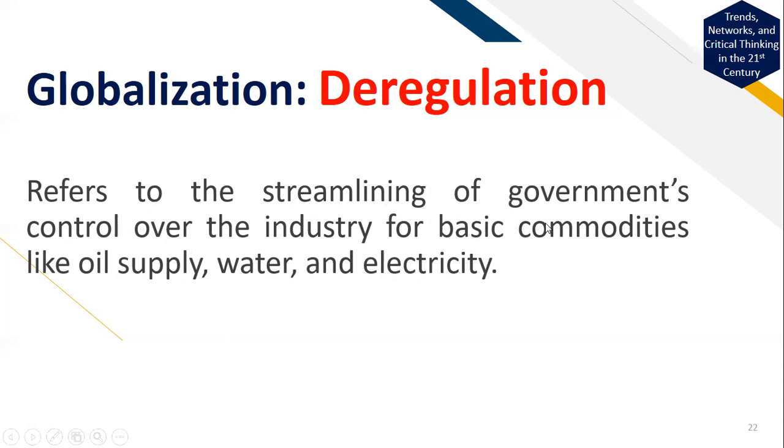So, again, binabawasan ni government ang kanyang kapangyarihan sa pagkokontrol ng mga dati niyang kumpanya na naibenta na niya sa mga private companies. Okay? So ito naman si private companies ay nagkakaroon ng mas malawak na kapangyarihan kung paano niya patatakbuhin yung mga nabili niyang corporation mula sa gobyerno.